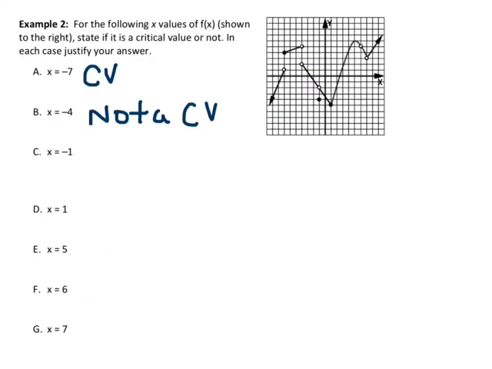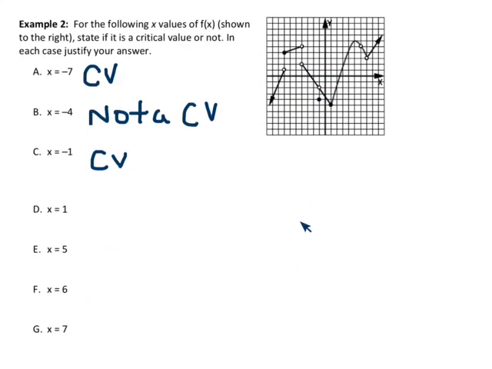Again, the reasoning: it's not defined at that value of x. Let's check the next point, -1. Here is -1 right here. It is defined at this point. The derivative, of course, does not exist. So is it a critical value? The answer again is yes. And our justification once more: it's defined, but the derivative doesn't exist.